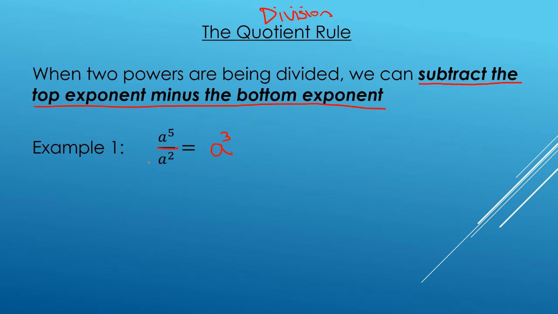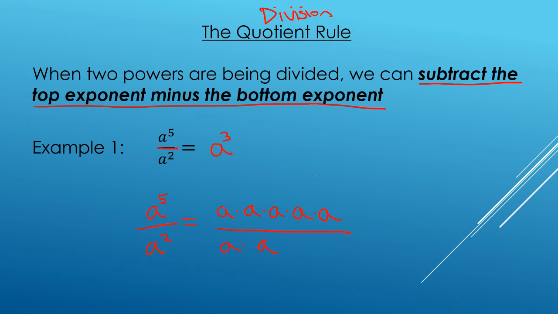Let's see why this works. Let's try the problem again and not use the rule, but just use the definition of an exponent. So on the top, we have a to the 5th. That means a times itself 5 times. In the denominator, we have a to the 2nd, so that's 2.